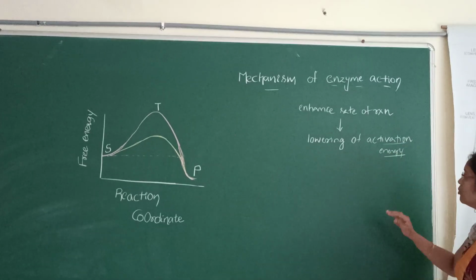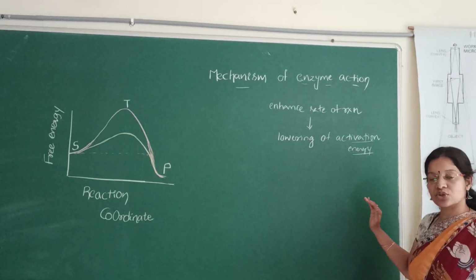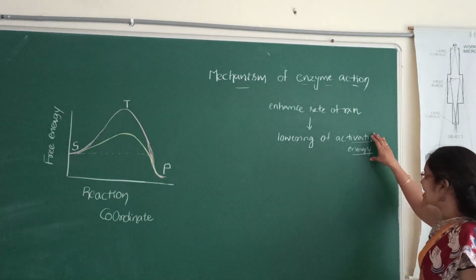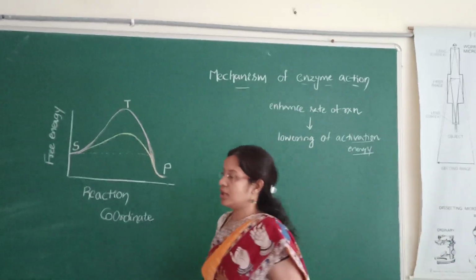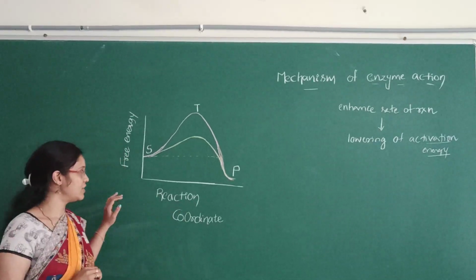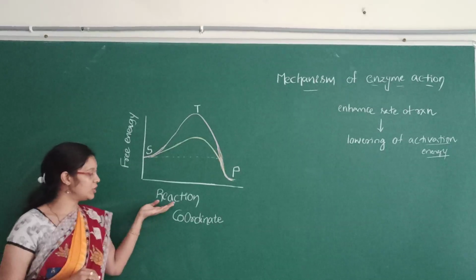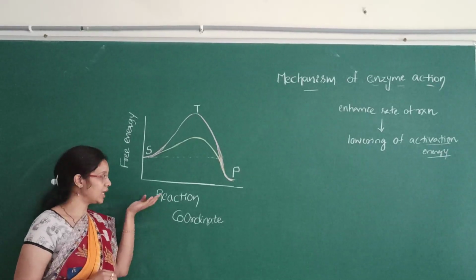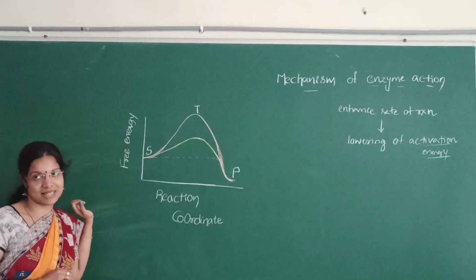Before we understand more about lowering of activation energy, first let's understand what exactly activation energy is. We shall look at this graph. It is plotted between reaction coordinate on the x-axis and free energy on the y-axis.